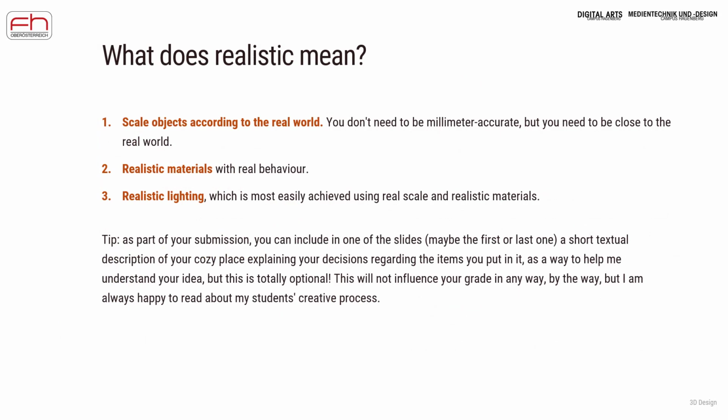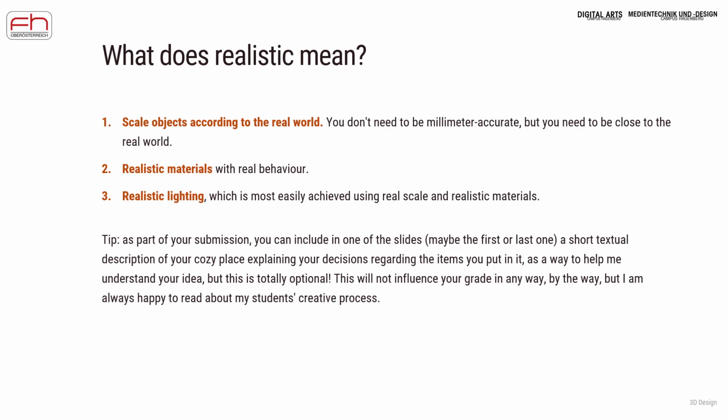So what does realistic mean? First of all, the scale of the objects has to be very close to the real world. And again, you don't have to translate things on a millimetric, one-to-one basis. But you have to use real measures.